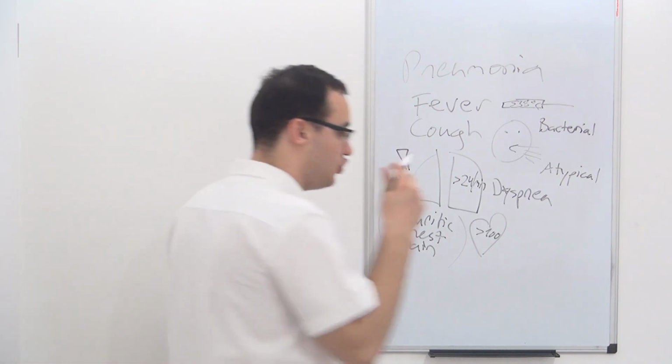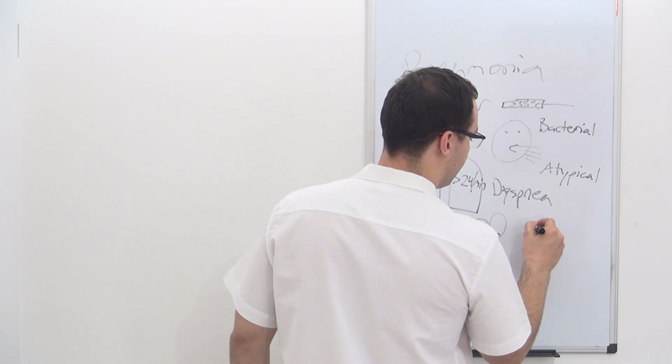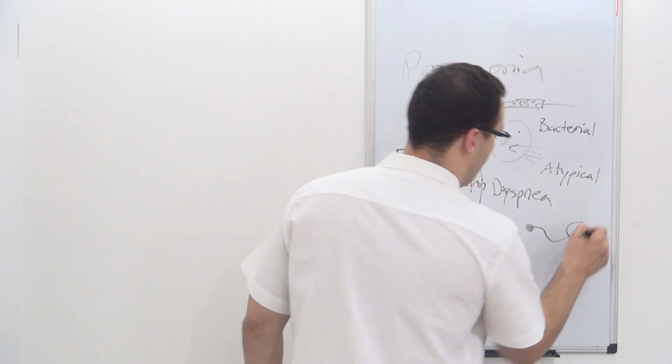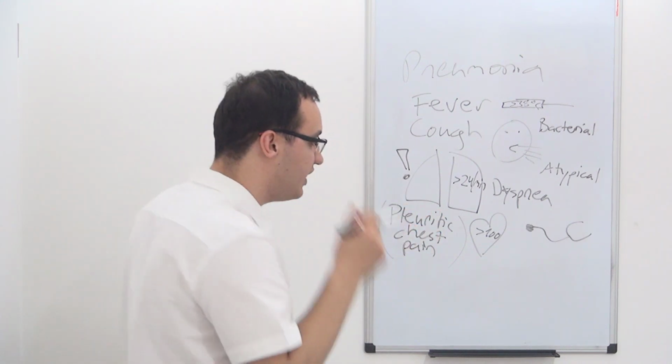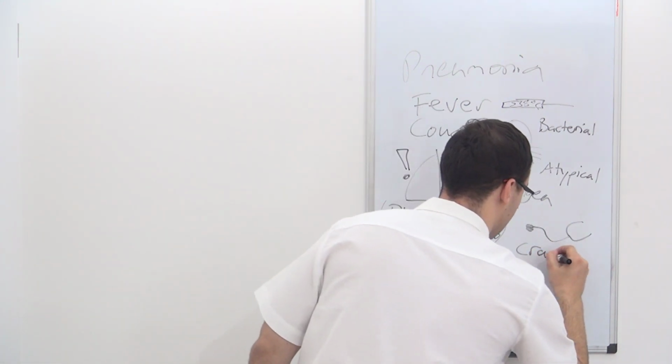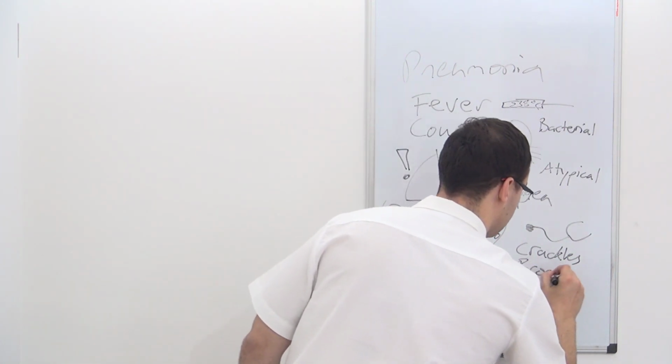What other things do we have? If we use our stethoscope, so here I draw a stethoscope, and with this tool I can now listen to the lung, and I will hear crackles, and I will hear bronchial sound.